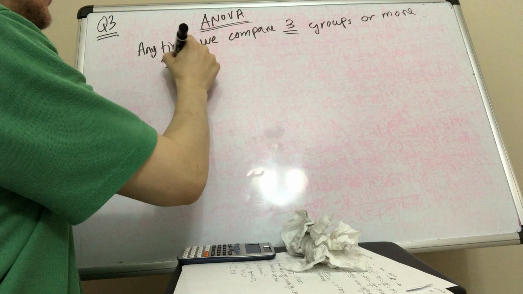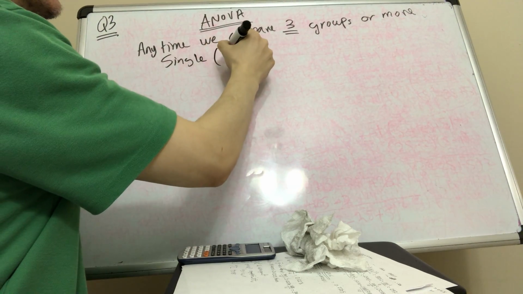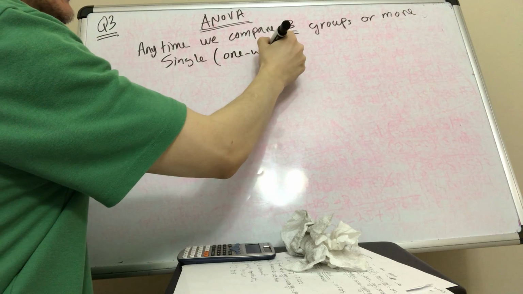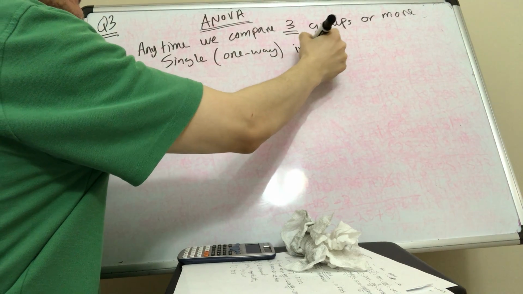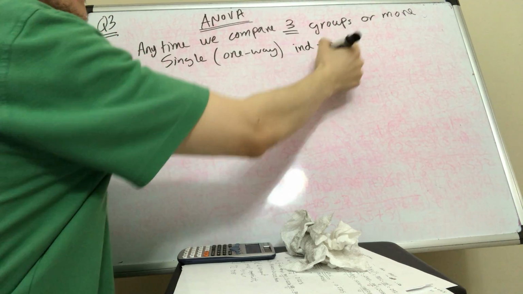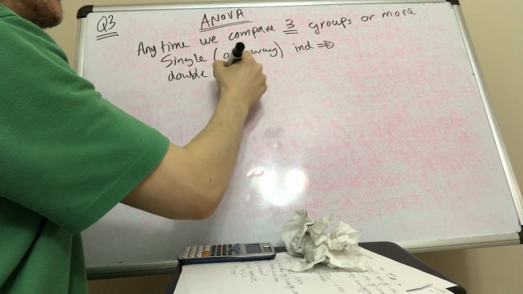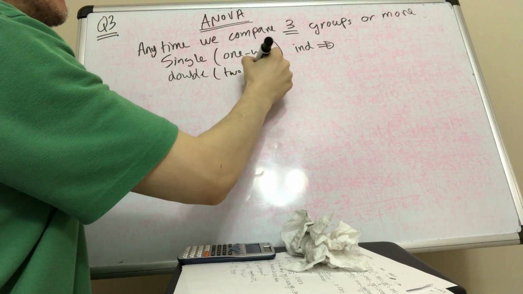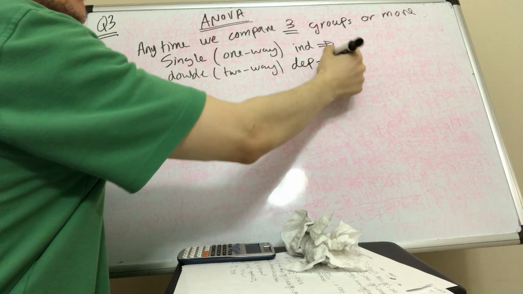And I said there is single ANOVA, also called one-way, also called independent ANOVA. And there is double ANOVA, two-way, dependent.